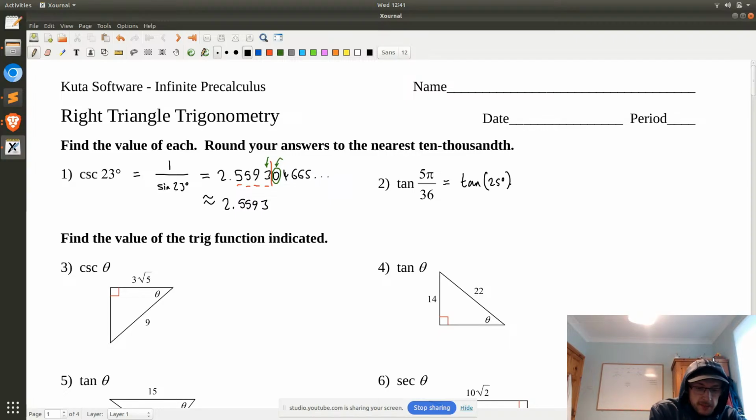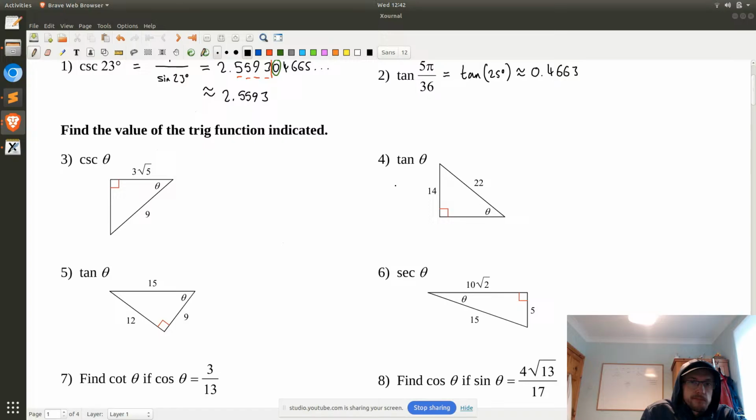So I just type that in, and to 4 decimal places, that would be 0.4663, and check. Make sure it's correct. Yes, it's all correct.